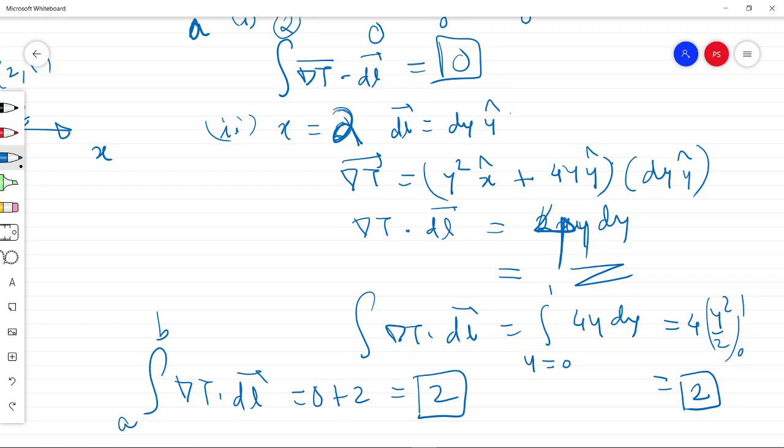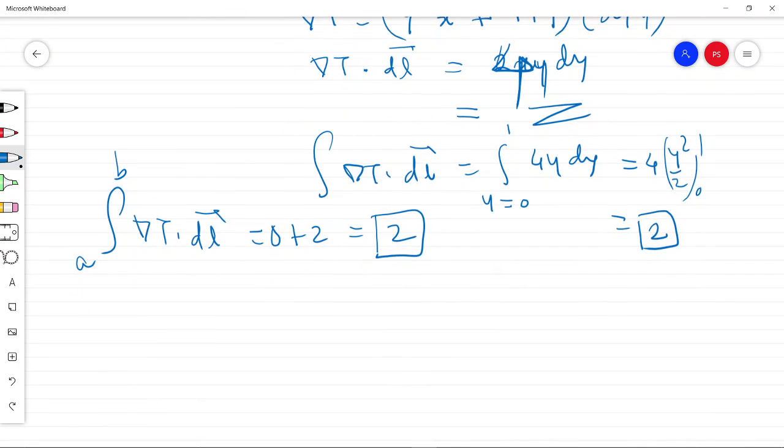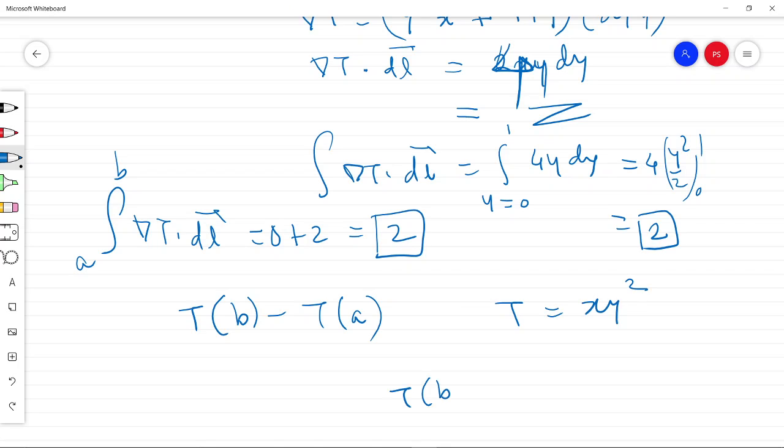This is the left hand side of this equation. So the right hand side just says that it is T of b minus T of a. And since T is x y squared, T of b would be just equal to 2 and T of a would be just equal to 0.